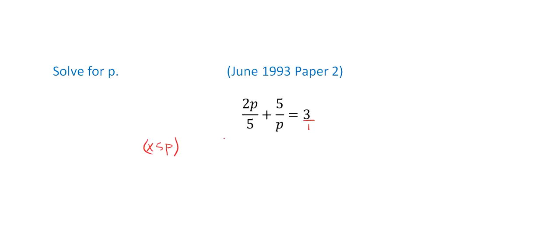So this will be 5p over 1 multiplied by 2p over 5, right, plus 5p over 1 multiplied by 5 over p, and this will be 5p multiplied by 3.